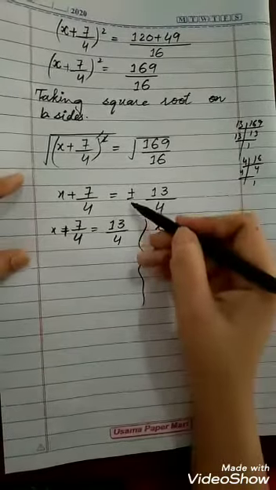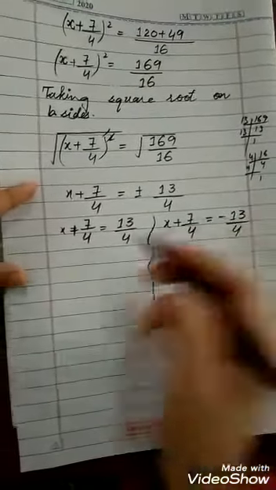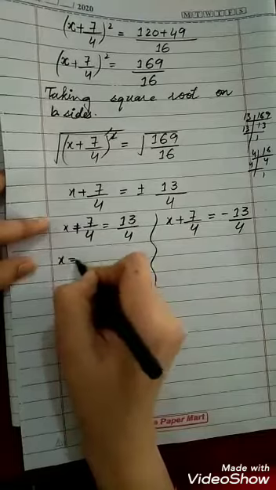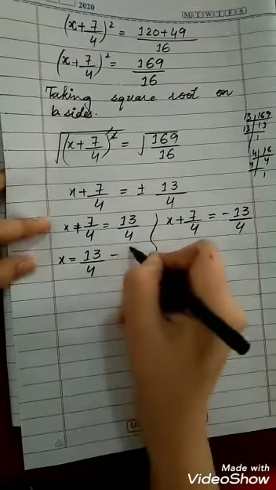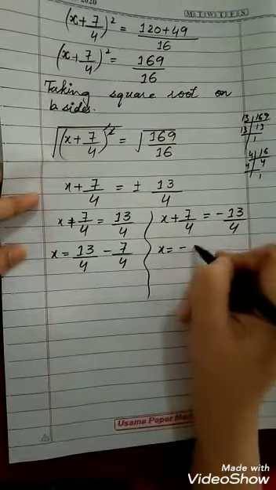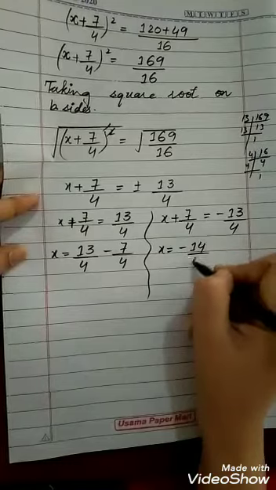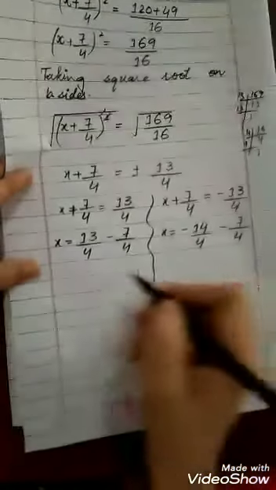Because it is positive and negative, once we take it equal to positive, and then equal to negative. So x is equal to 13 by 4 minus 7 by 4, and x is equal to minus 13 by 4 minus 7 by 4.